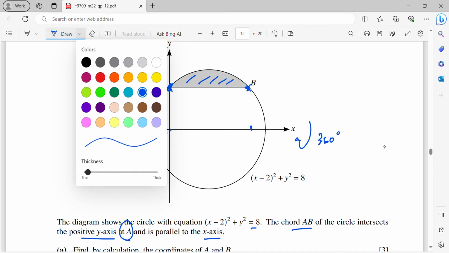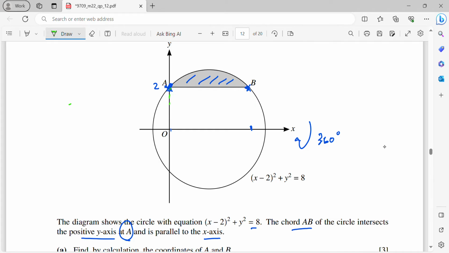When I do integration of this circle equation, let's say this is A, I'm getting everything here up to here, together with this. That will be the solid.